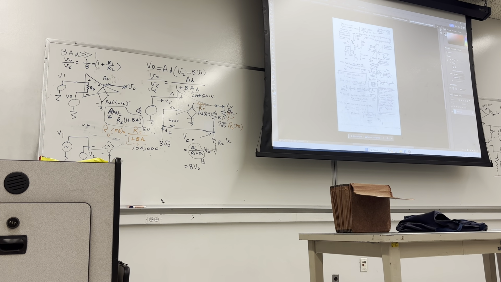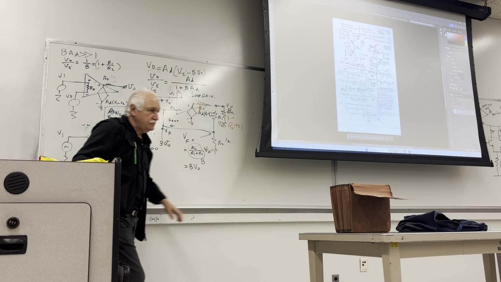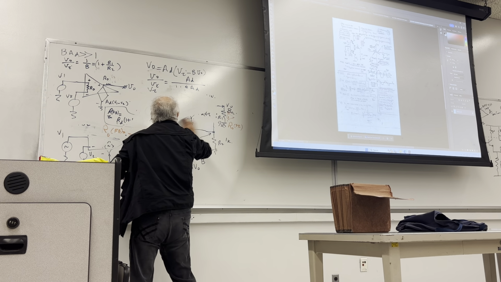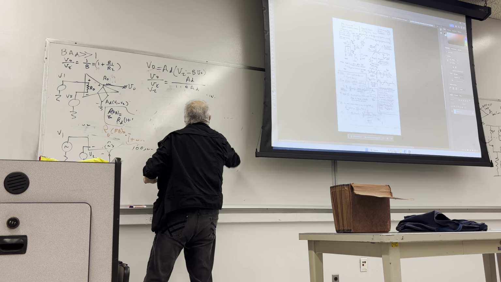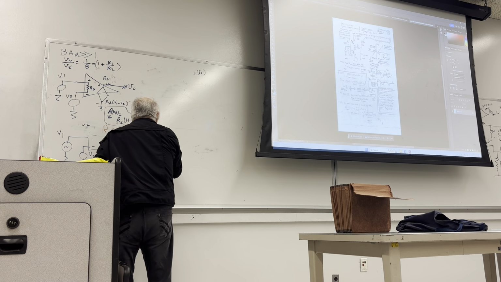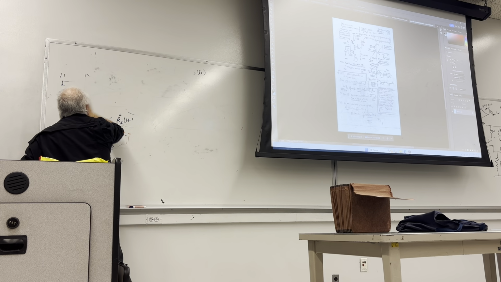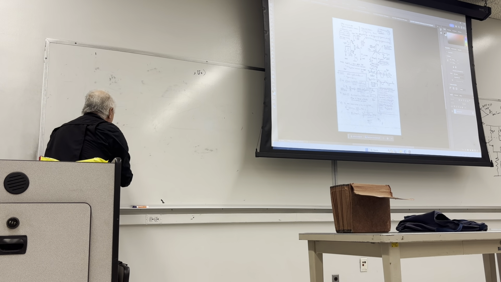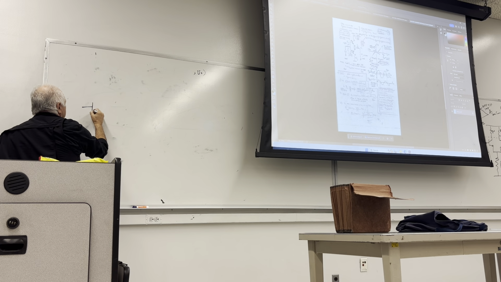All right. Consider that stage, that one. This is always a final stage for every power amplifier. Every power amplifier. So the basic amplifier, differential amplifier goes like this.